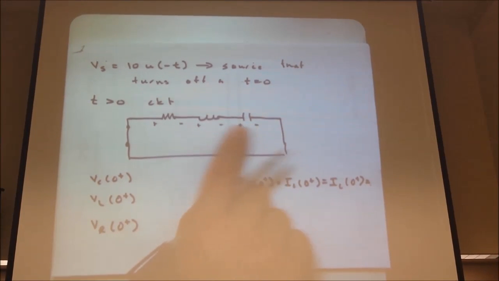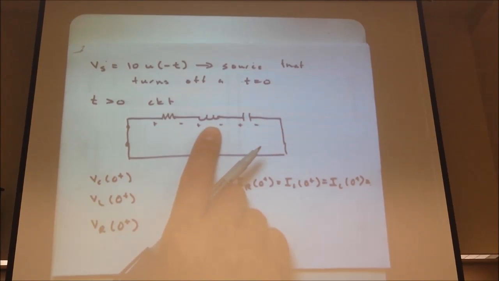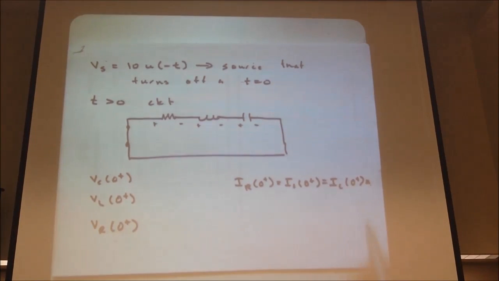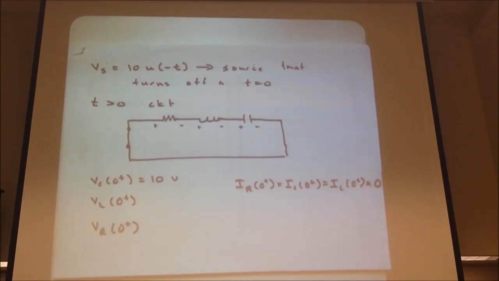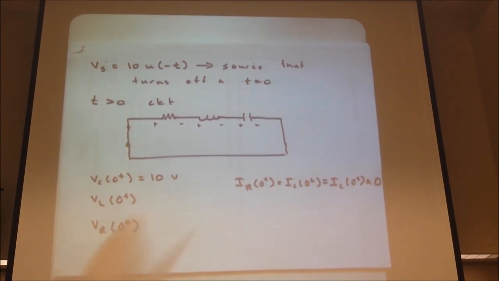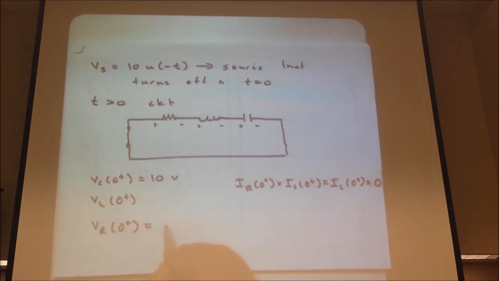No current in the capacitor means no current in the inductor. And so at 0 plus, this is 0. VC at 0 plus, well, I hope we agree that's 10 volts, because I haven't drawn out the t equals 0 minus circuit. We've done that before, but just to save a little bit of ink. Well, that's 10 volts. And again, because current is 0, that's going to be 0 as well.